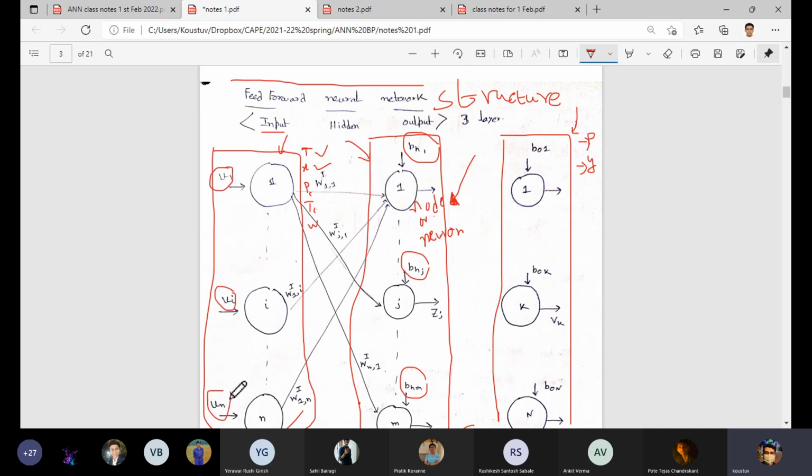Each of these inputs is multiplied with the weights. That means the information is carried over from this node to this node. Each of these inputs, say U1, is sent over to all the nodes. Similarly, U2 will be sent to all other nodes.